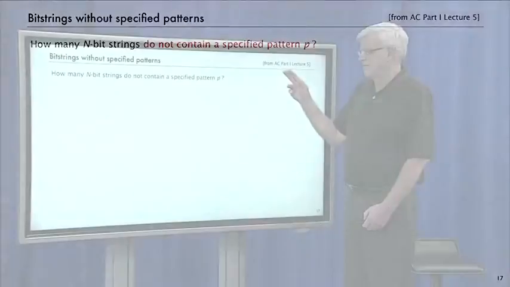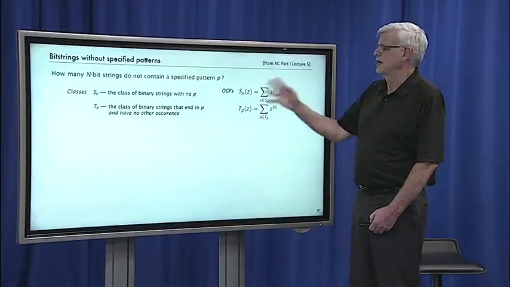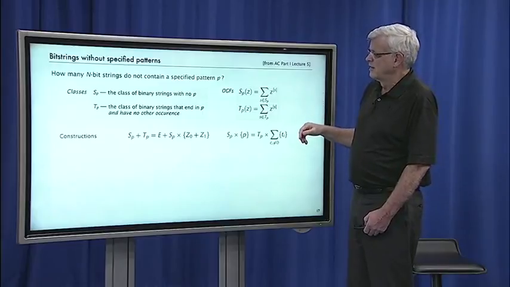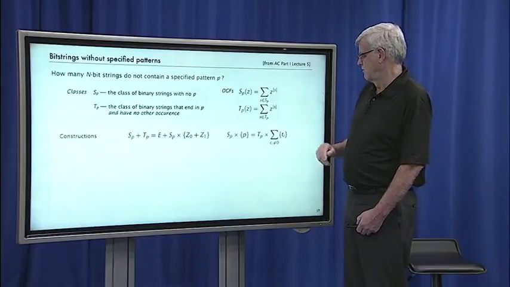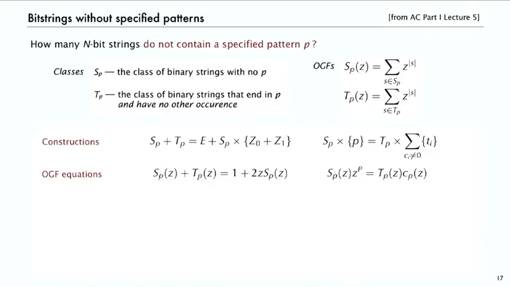So if we want to find the bit strings that don't contain a specified pattern, we have these two combinatorial classes. They have their generating functions, and we have the two constructions, and those constructions by the symbolic method immediately translate into two different generating function equations involving our generating functions of interest and the correlation polynomial.